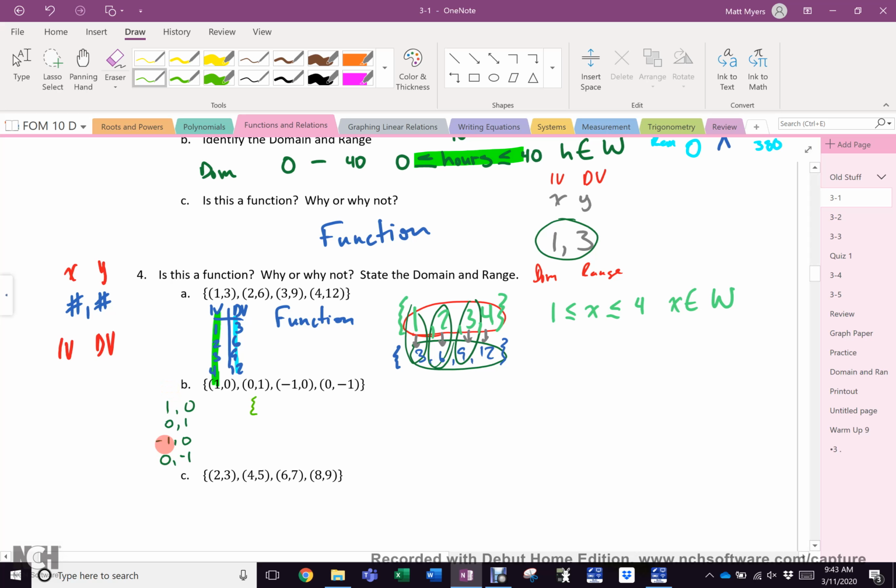So what's the lowest number there? 0. No. -1. And then what's next? 0. And then what's next? 1. And I use those squiggly brackets. So even though there's 4, there's only 3 elements in the set. Does everybody understand? Okay. And the range values I've been writing in blue. What are the range values?